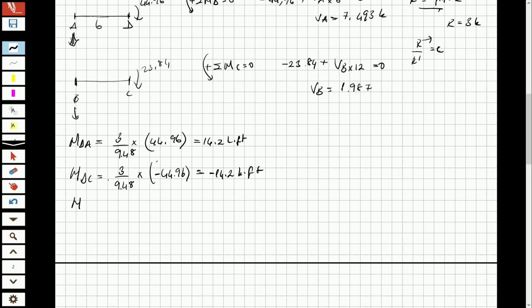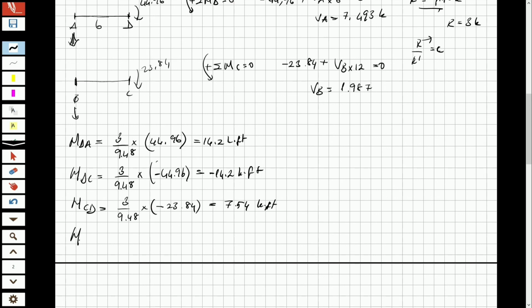And for moment CD, 3 over 9.48 multiplied with minus 23.84, equal to 7.54 kip-feet. Okay.